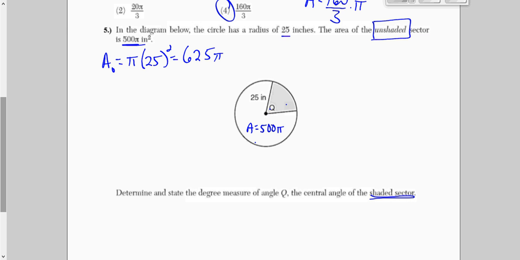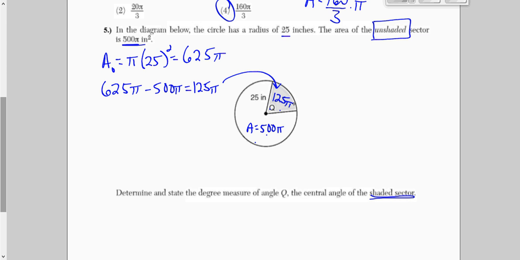From the entire circle, we subtract this sector area, 500 pi, and that'll give us the shaded area. So 625 pi minus 500 pi gives us 125 pi. That's the area of this sector.